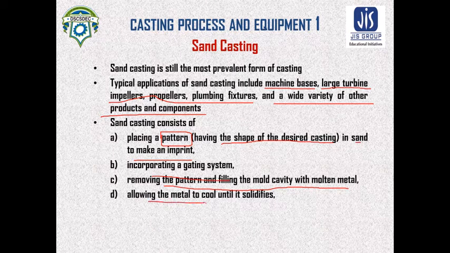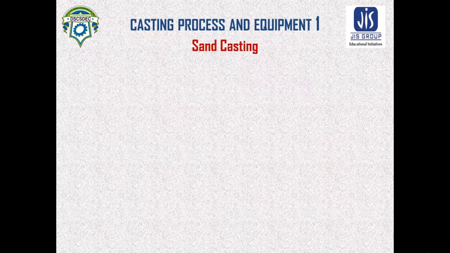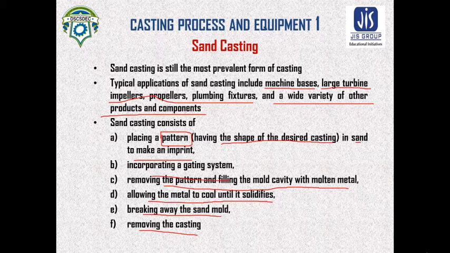It is allowed to cool until it solidifies. After solidification is done, after a certain time, the mold is broken, that means breaking away the sand mold and removing the casting. This removal of the casting is the last step of sand casting. So these are the steps of sand casting.